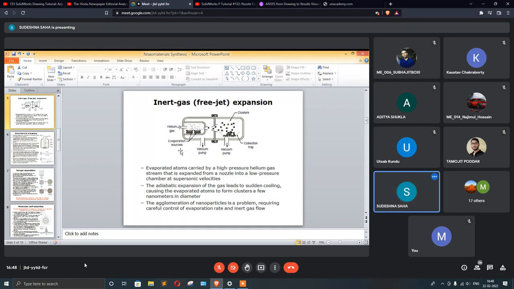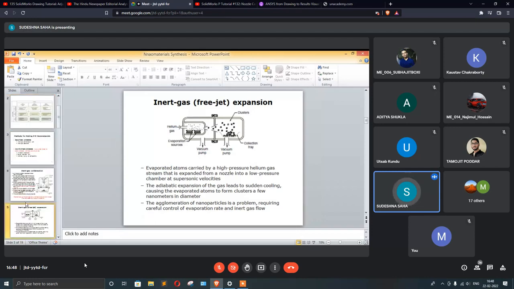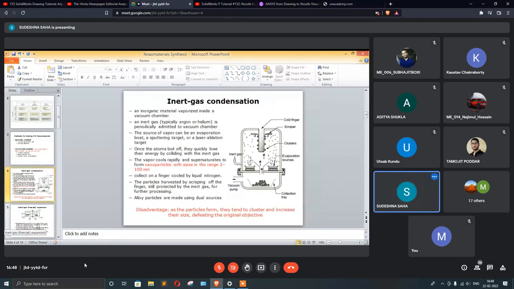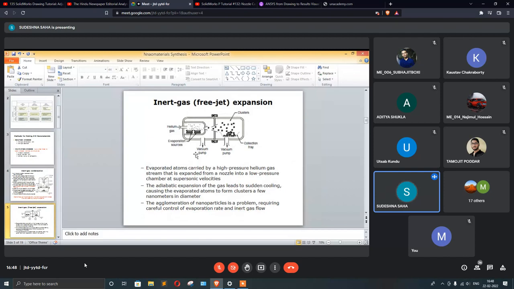Okay, so it is also a similar kind of operation. But here, rather than condensation, which happens in the first case, the expansion happens.